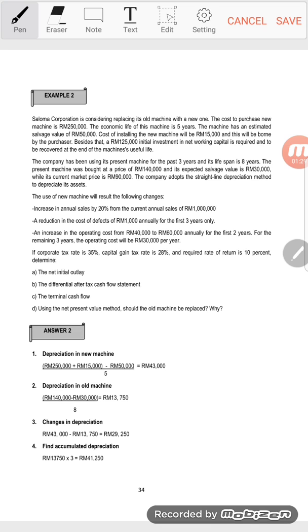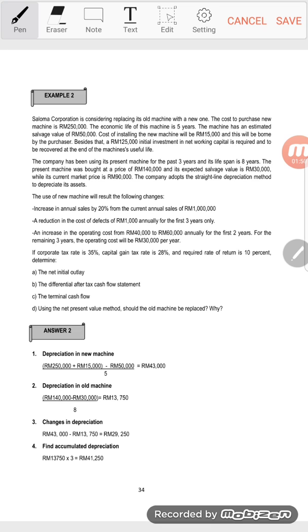Okay, now let's look at the second example. The company has been using its present machine for the past 3 years and its lifespan is 8 years. The present machine was bought at a price of 140,000 ringgit. So this is actually the old machine information.